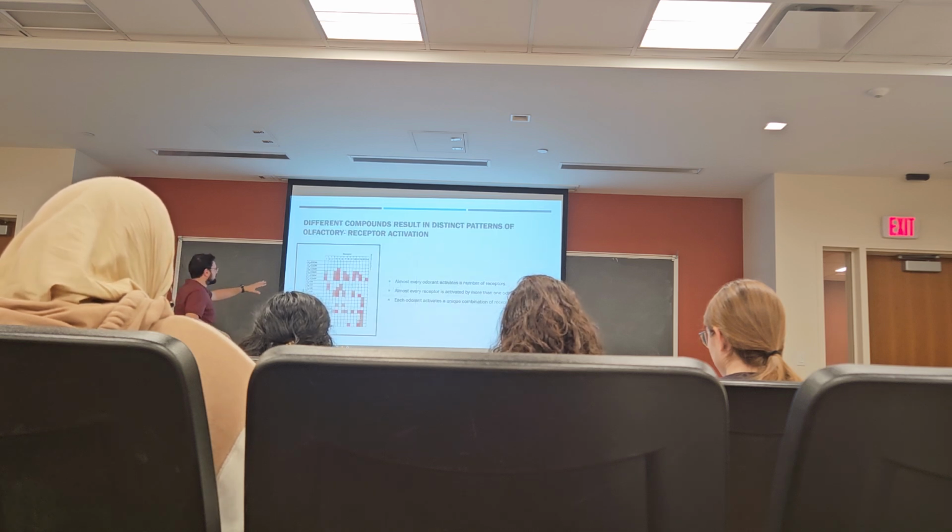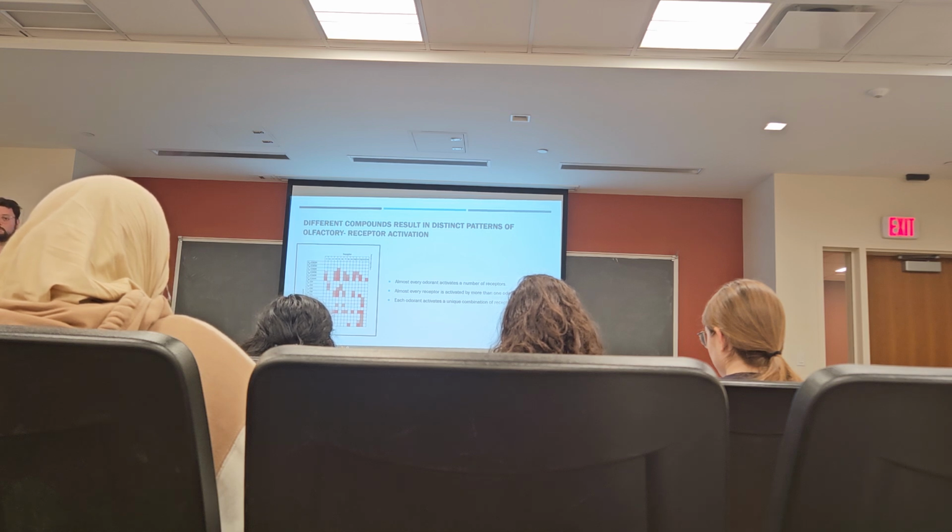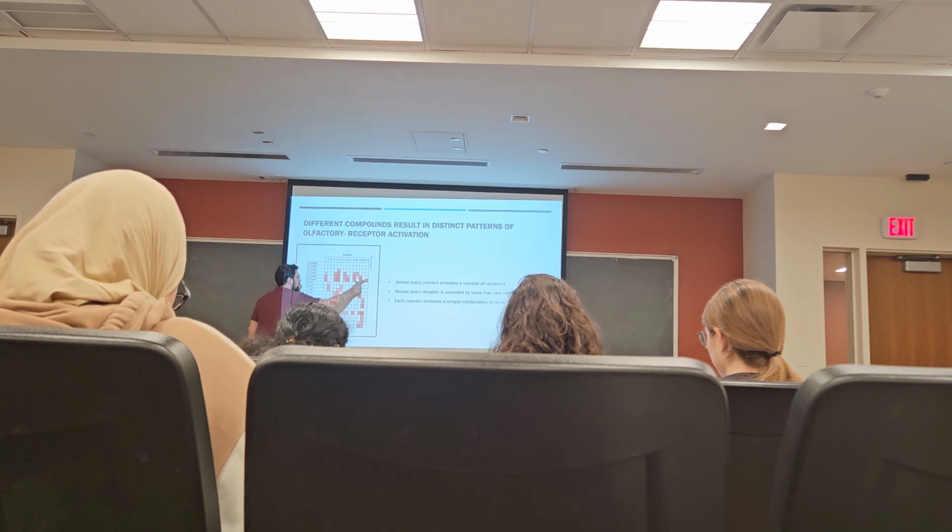Now, we express, again, many different types of odorant receptors, right? Or actually over here, receptors. So here's just showing 14 receptors, but each odorant molecule can activate several different odorant receptors. Okay, so yes, we have ones that are specific to specific odorants, but we can get crosstalk between them, right?